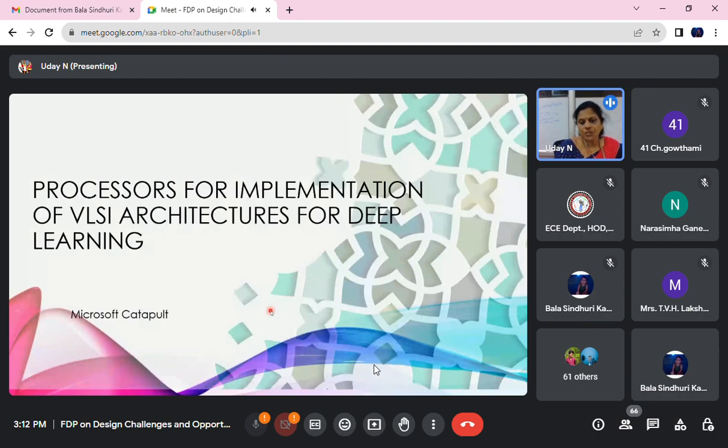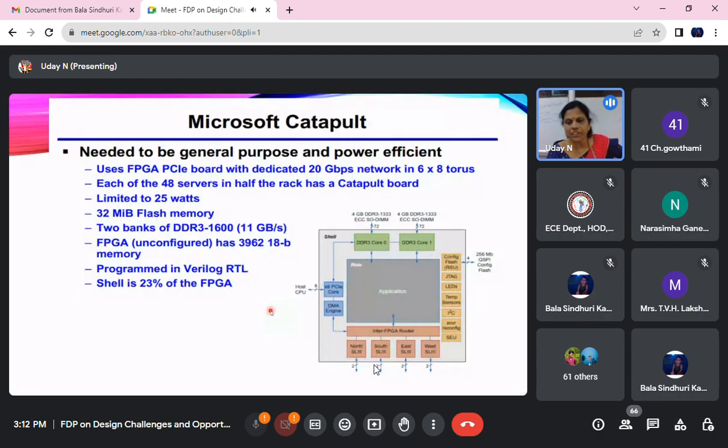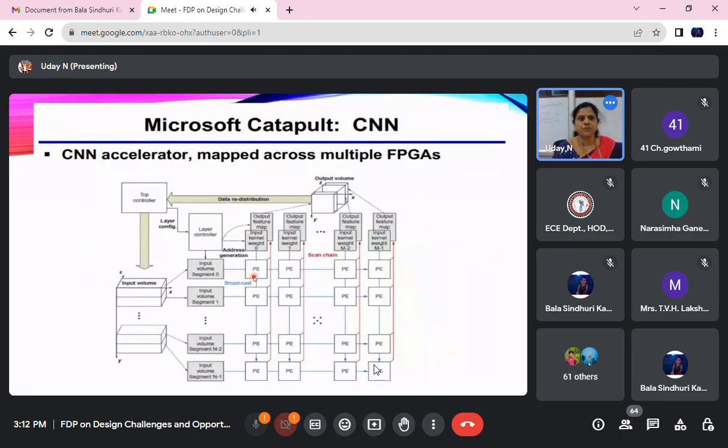The TPU was using an ARM processor, whereas this Catapult is using an FPGA PCIe board with 32 million bits flash memory, and it has two DDRs. And the programming, because it is using an FPGA, is done using Verilog RTL, and the shell size is 23% of the shell size of the FPGA.